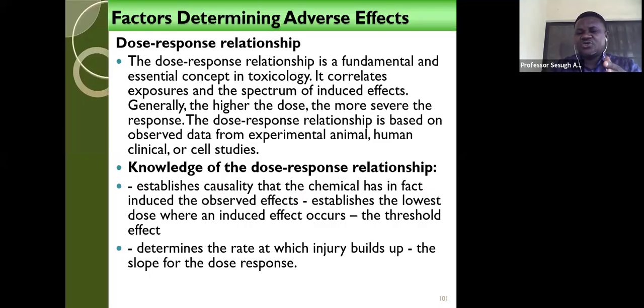So what you do is to prepare different concentrations of your toxicant, usually 5 different concentrations, and then you administer each of it to the animal. It could be rabbit, it could be rat, and then you begin to measure how much of the diabetes is induced at each level of administration.